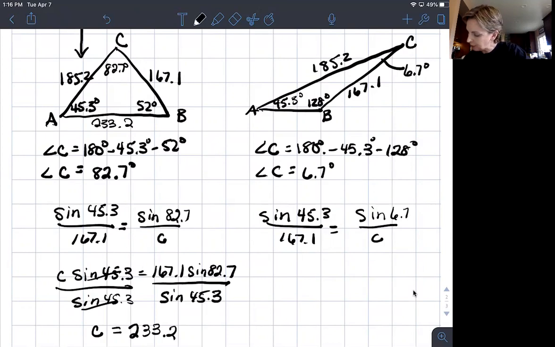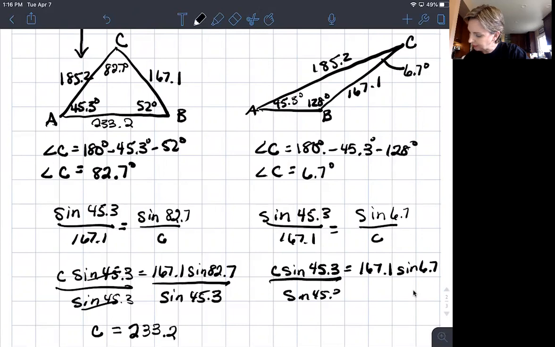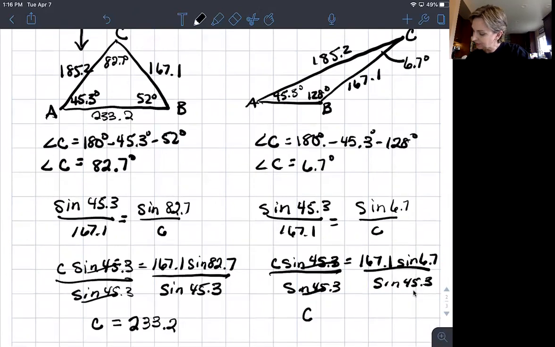And then just finish with your other triangle, cross multiplying and then dividing by the sine of 45.3. Again, this is the same steps we usually do when we're solving with the law of sines. Plug that into your calculator, and what do we get for that side that's opposite angle C?